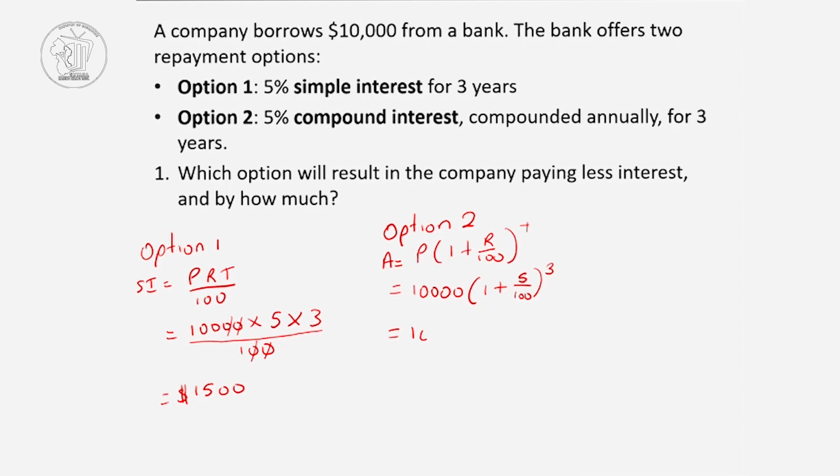So this would be 10,000 multiplied by 1 plus 5 divided by 100 would give me 0.05 all raised to the third power.